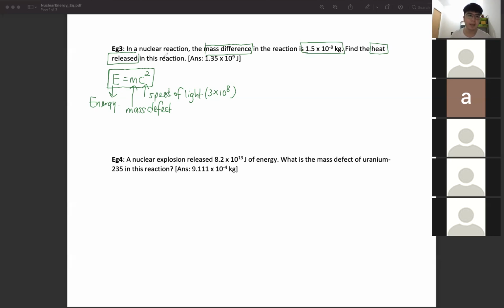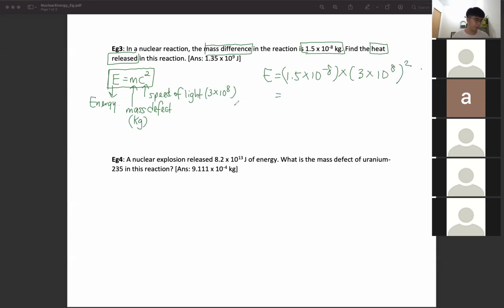If you apply it in a nuclear reaction, all these are in SI units, kg. So if it's given in atomic mass units, you have to change it to kg. So E equals 1.5 times 10 to the minus 8, times 3 times 10 to the power of 8 squared. Don't forget to square.